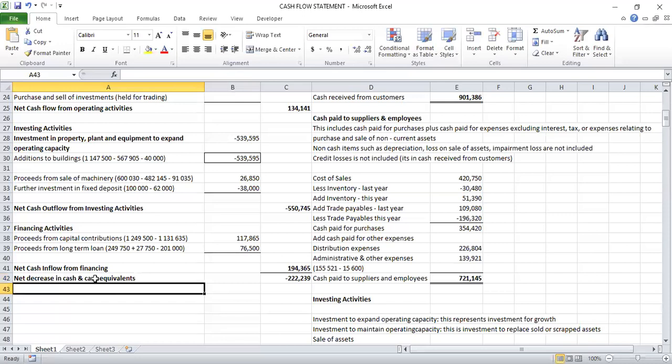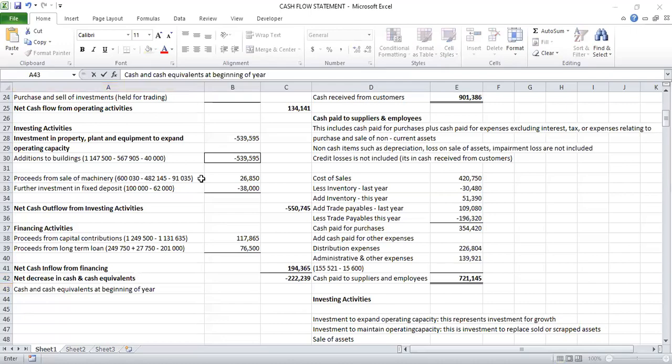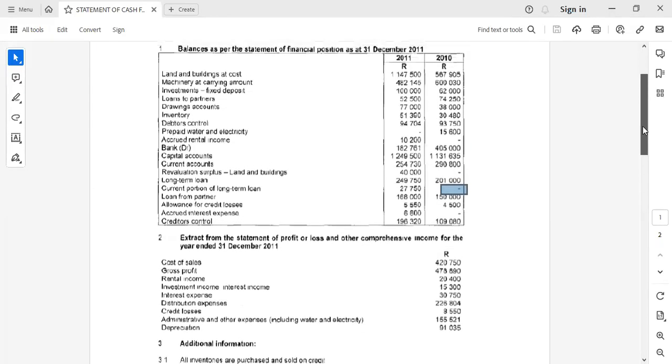Then you add your cash and cash equivalents at the beginning of the year. You go and check what your cash and cash equivalents were at the beginning of the year. We know that our cash at the beginning of the year, which is last year, was 405,000.